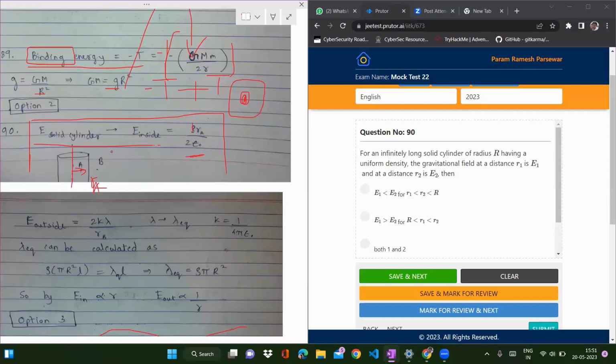So as we know, we can extend this same formula of electrostatics to the gravitational field. May it be gravitational field or electric field, the variation is of 1 by r square for the force, GMm by r square or kq1q2 by r square.